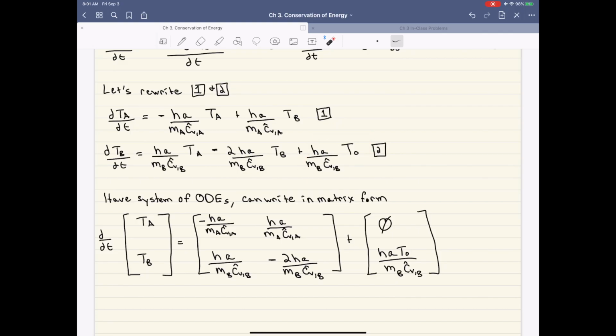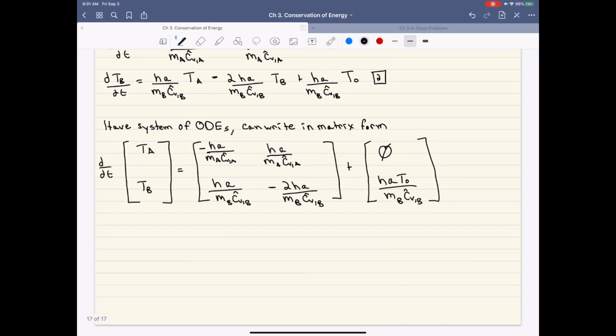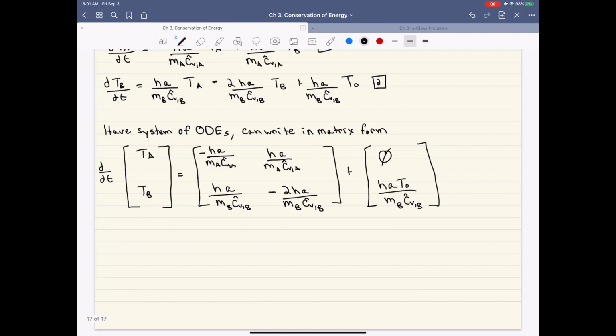And so that's how we're writing it in matrix form. And a more compact way to write this, or just in general when you are dealing with a system of ordinary differential equations, is you could write it like this.